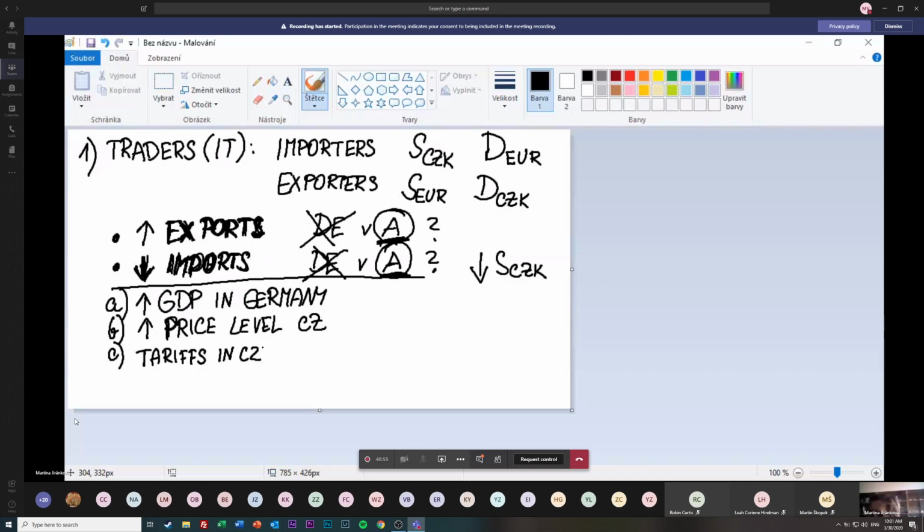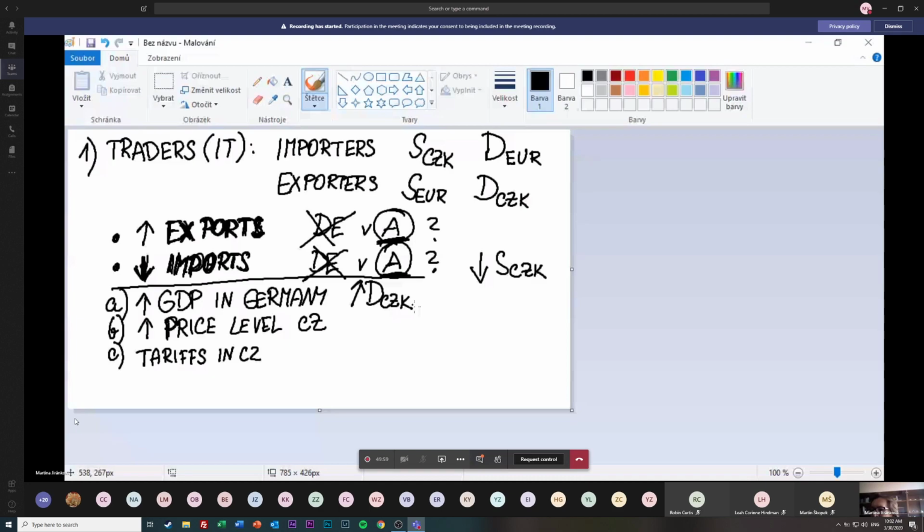What does it mean? That means that Czech exporters have euros, but they need more Czech crowns. So there is increasing demand for the Czech crown.